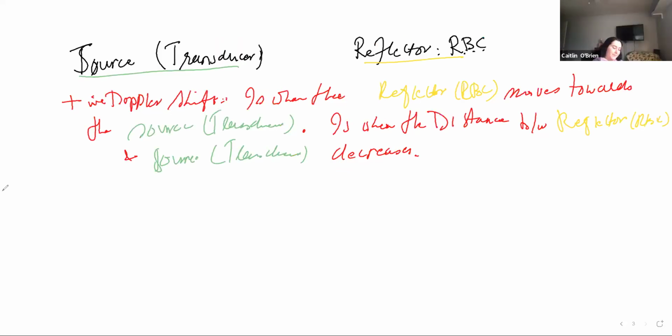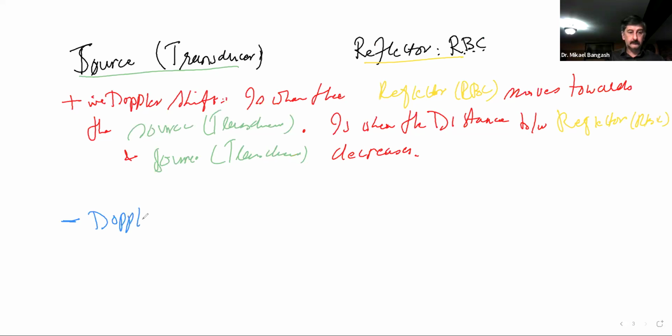Whereas on the other hand, guys, we can say a negative Doppler shift. Now, please keep in mind, guys, that these Doppler shifts can also be called Doppler frequencies, which can be positive and which can be negative.